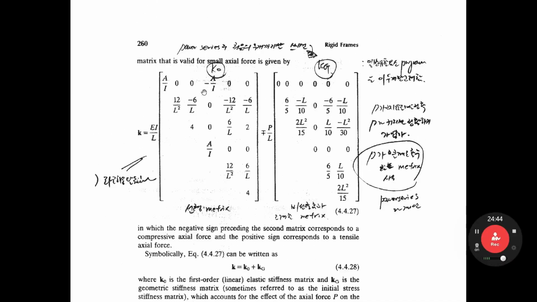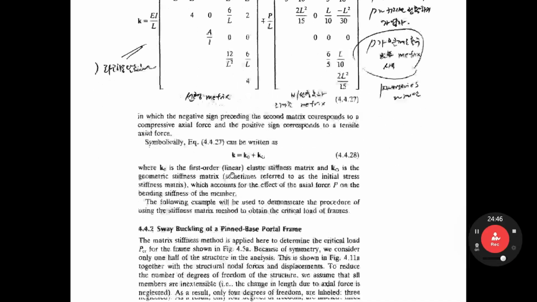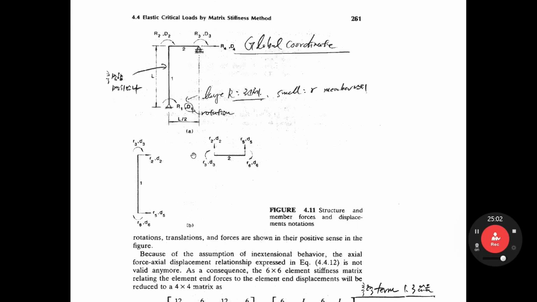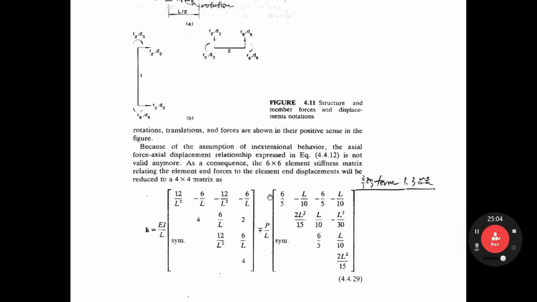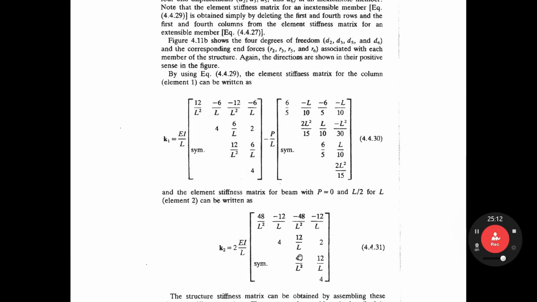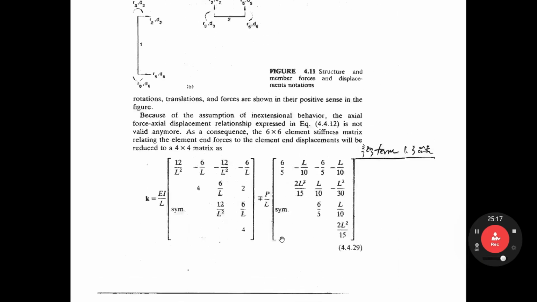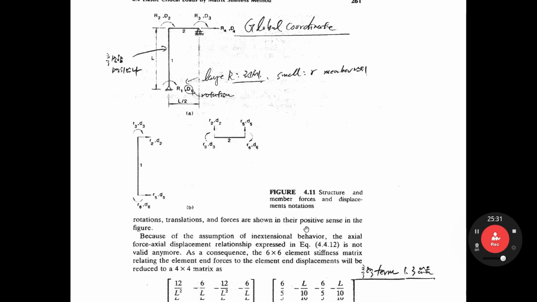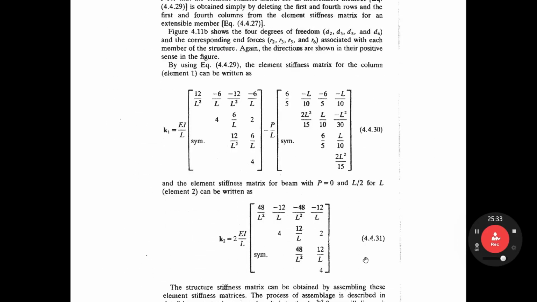You use this element stiffness matrix equation and apply it to element 1 and element 2. Then you can get the element 1 stiffness matrix, and apply the element 2 stiffness matrix. As you see, the axial force applies here, not here. There is no axial force in the beam, so you don't have any geometric stiffness matrix term in the beam.